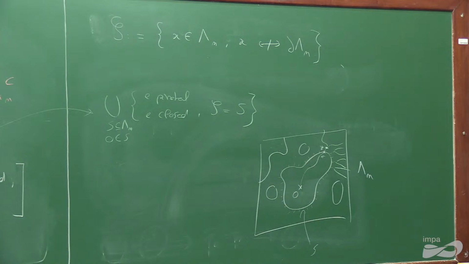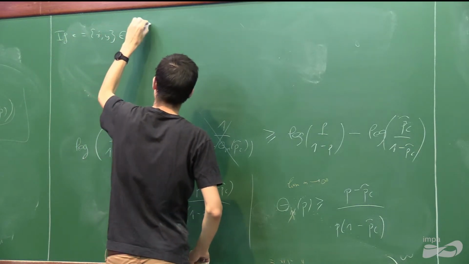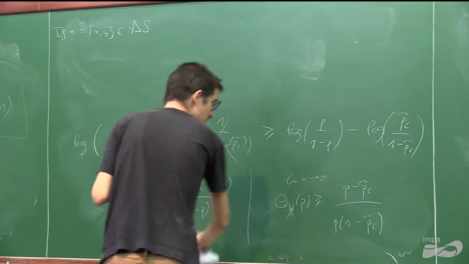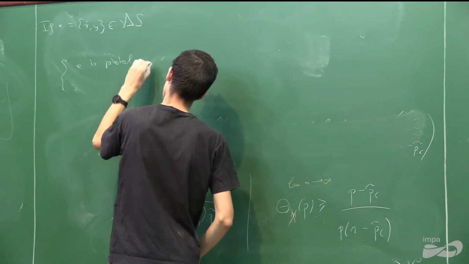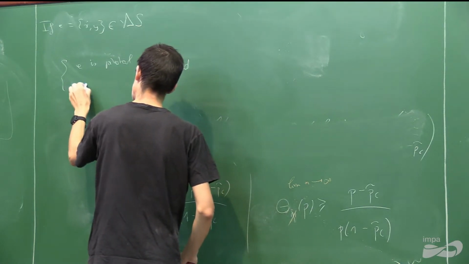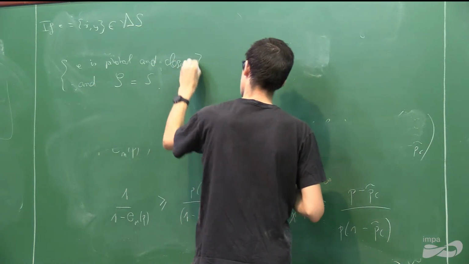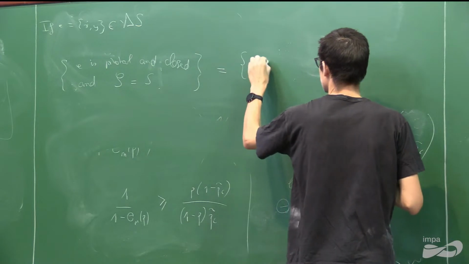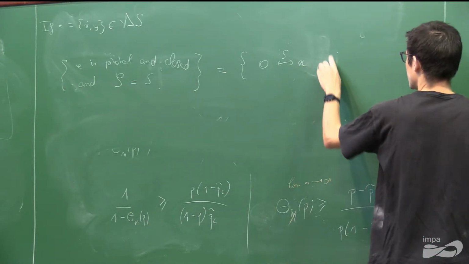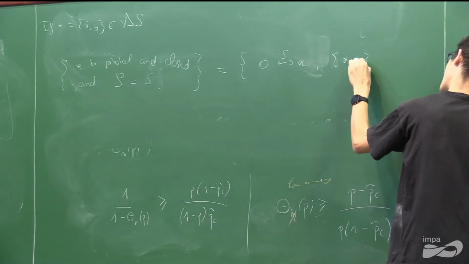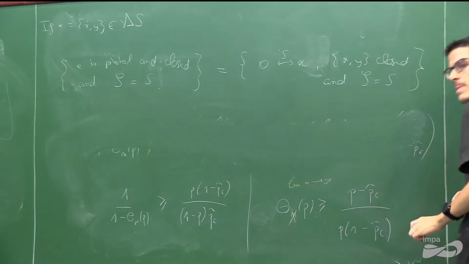If E equal xy belongs to delta S, what we have is that E is pivotal and closed and S is equal to S. This thing is equal to 0 is connected to X in S, xy closed and S equal S. Okay?